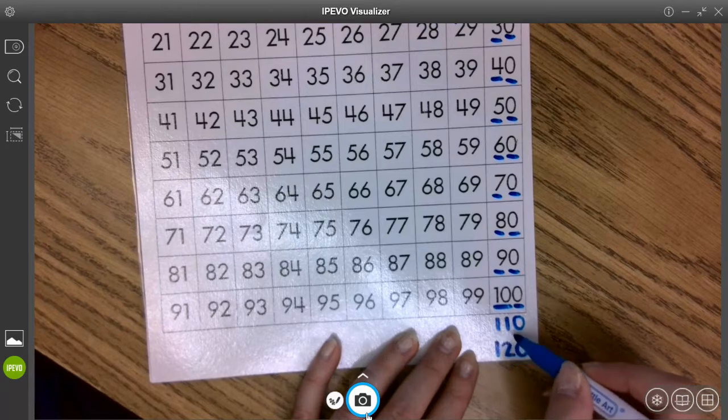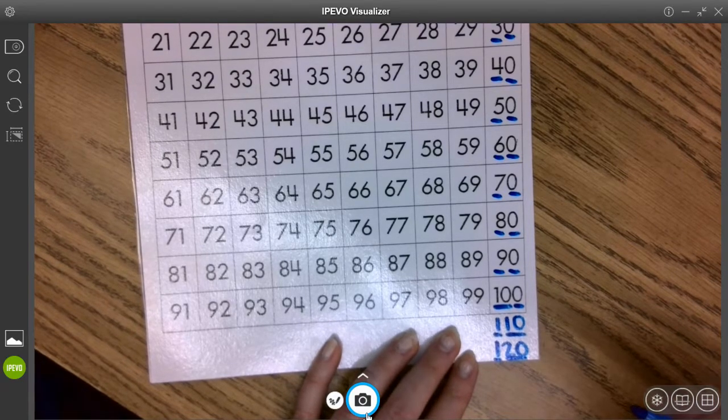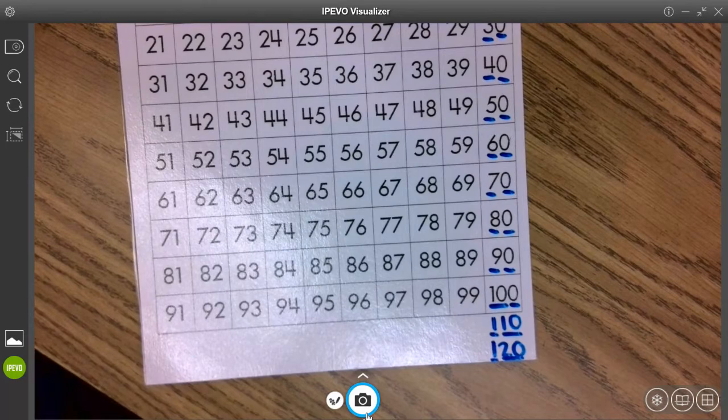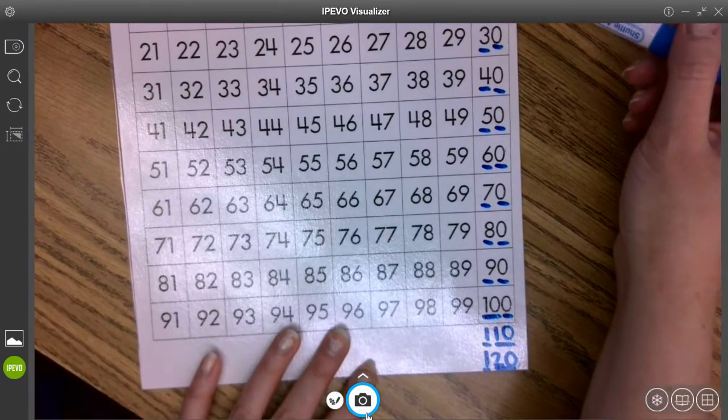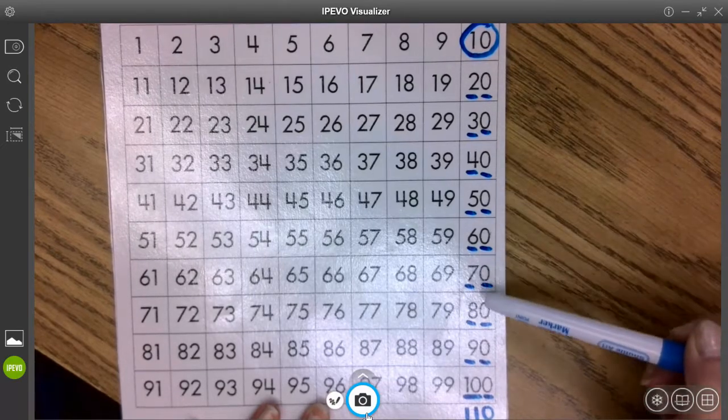So another name for 11 tens is 110. 12 tens is one group of 120. Okay, so we have some other names for them as we get more tens, but the pattern stays the same. 0 doesn't go away because we're not changing our ones.